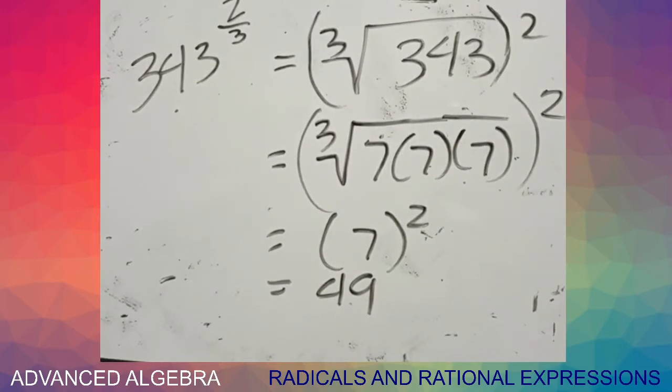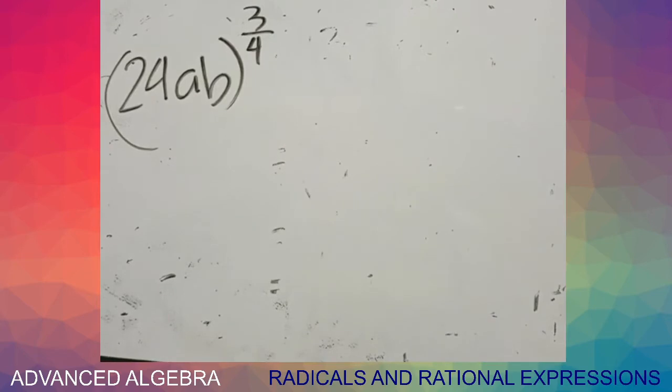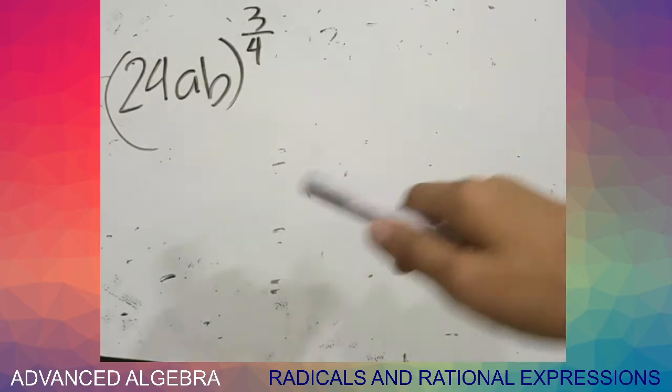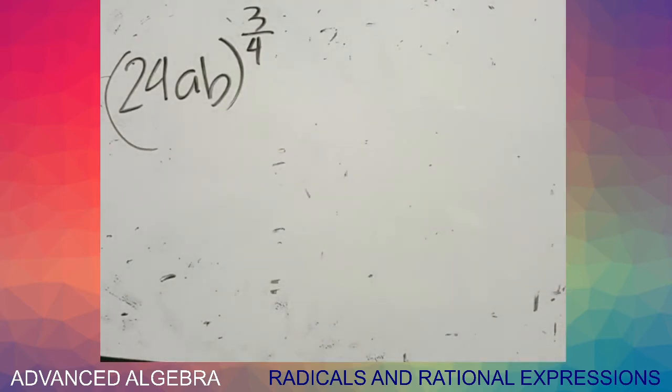Okay, so next tayo. Nagdagdag lang ako ng variable dito. Transfer natin siya as radicals. Pero katulad lang din ng kanina, sinimplify natin yung sagot natin, kaya hindi nyo na nakita yung radicals natin. Okay?